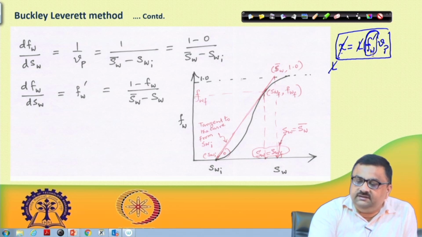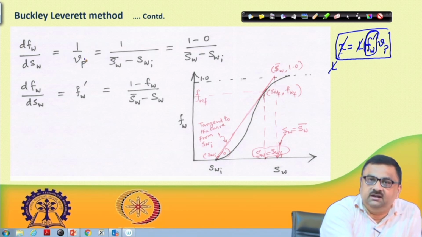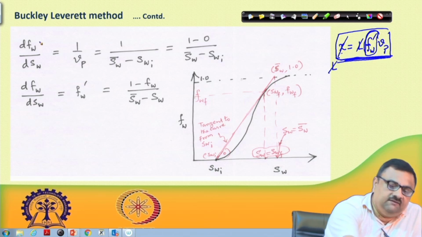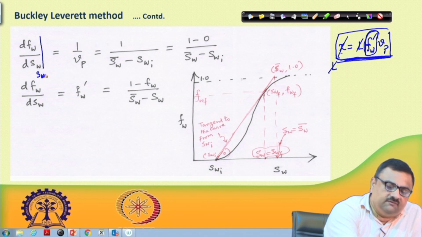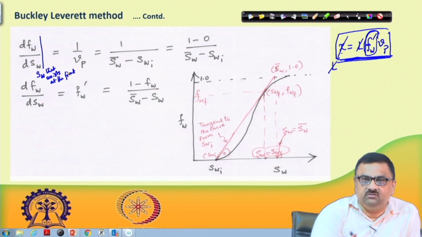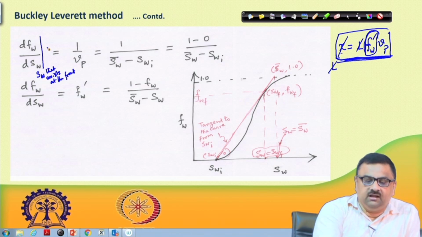So, when we write dFw by dSw, or in other words Fw prime, equal to 1 by Vp, we are talking about the case where dFw by dSw is measured at some value of saturation that exists at the front when the Buckley-Leverett front breaks through. That is something we are assuming here.